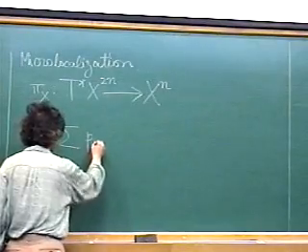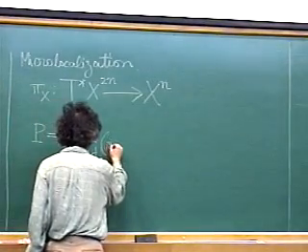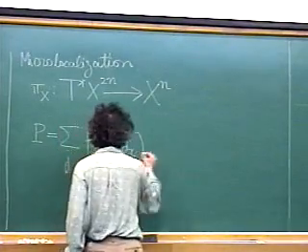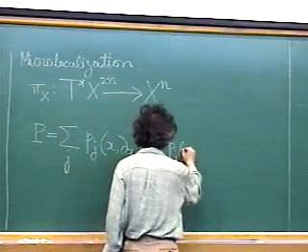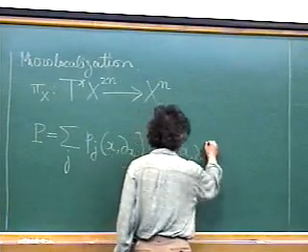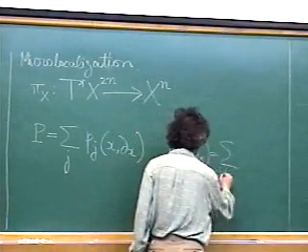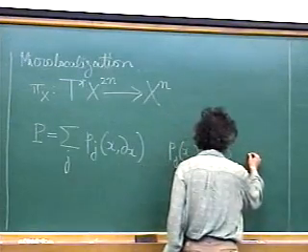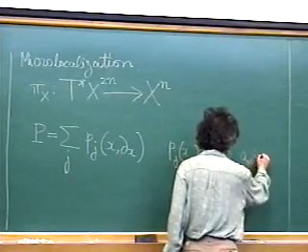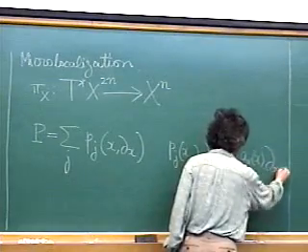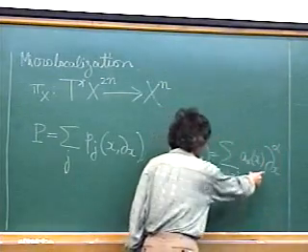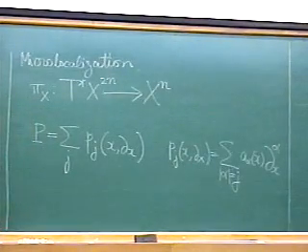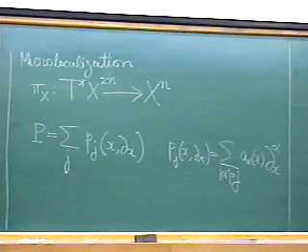We group the homogeneous parts, the sum of the P_j, where P_j is just the homogeneous part with respect to the derivatives. Of course, it depends heavily on the coordinate system.